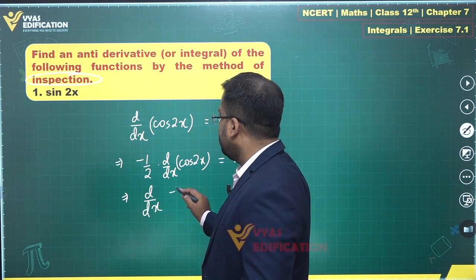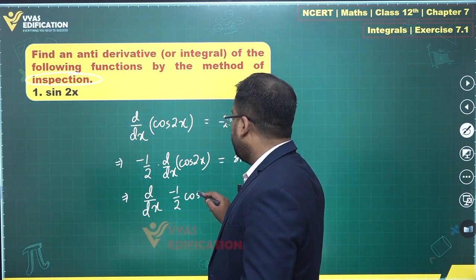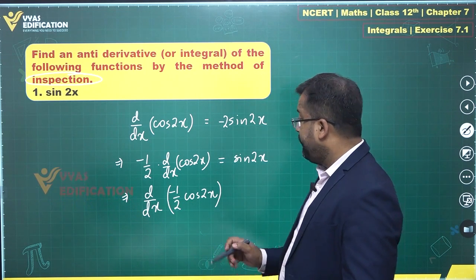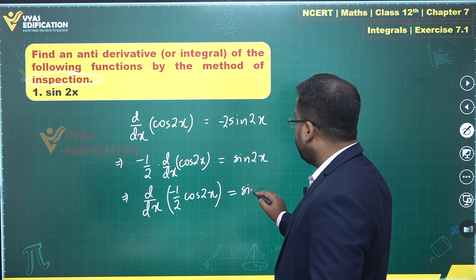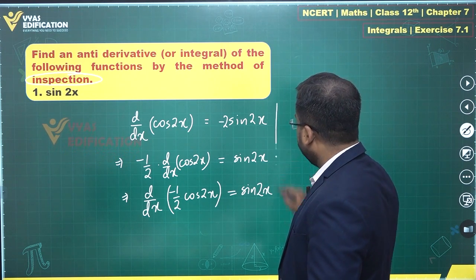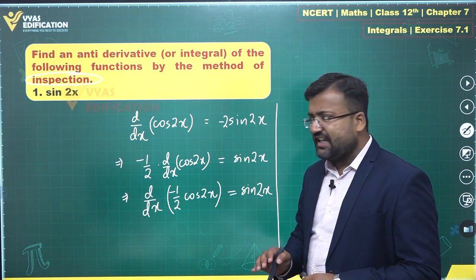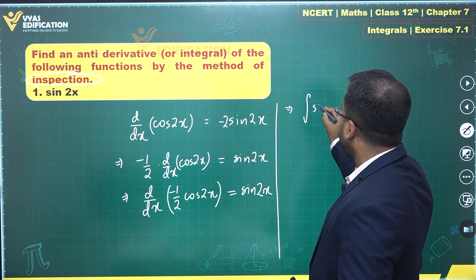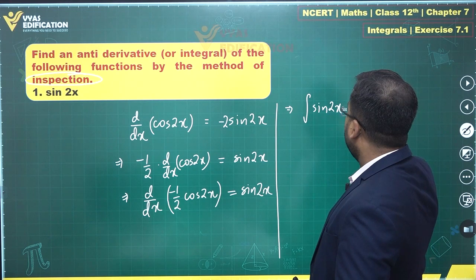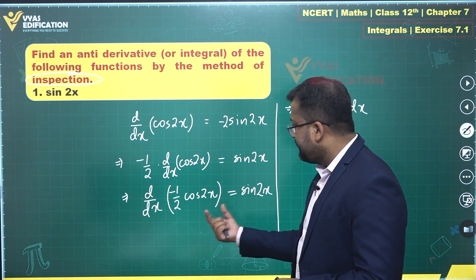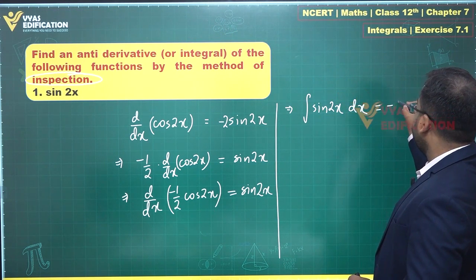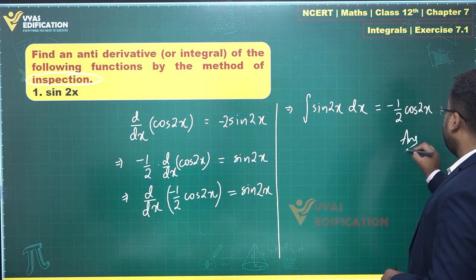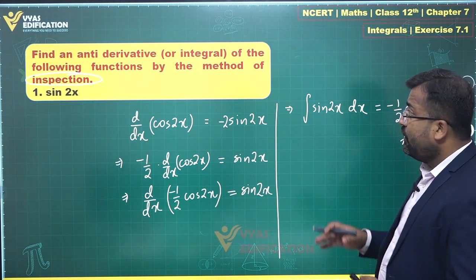This is a constant, so this becomes d by dx of minus half cos 2x, which is equal to sin 2x. That's pretty interesting. Once you have reached this stage, I can write, therefore, the integral of sin 2x with respect to x is simply minus 1 by 2 cos 2x. That is the required answer for this particular question.